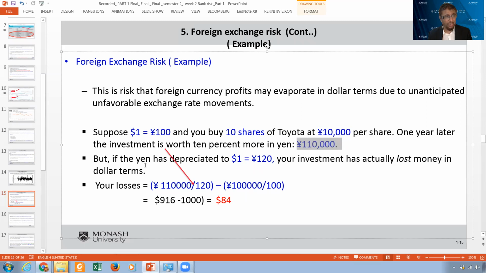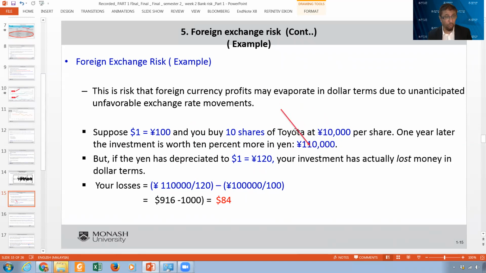But the problem is there was a depreciation of the yen against the dollar. It was 100, now it moved to 120. So you are gaining, and your original investment was 100, now it's 110.